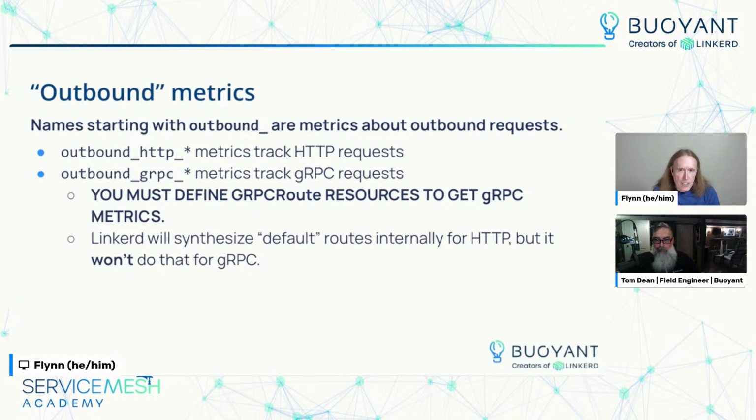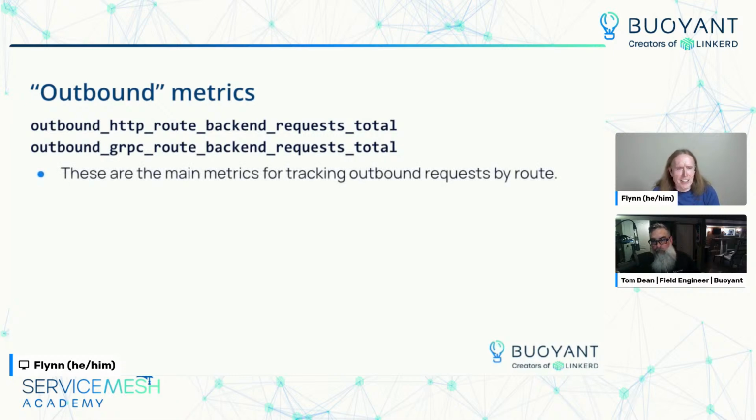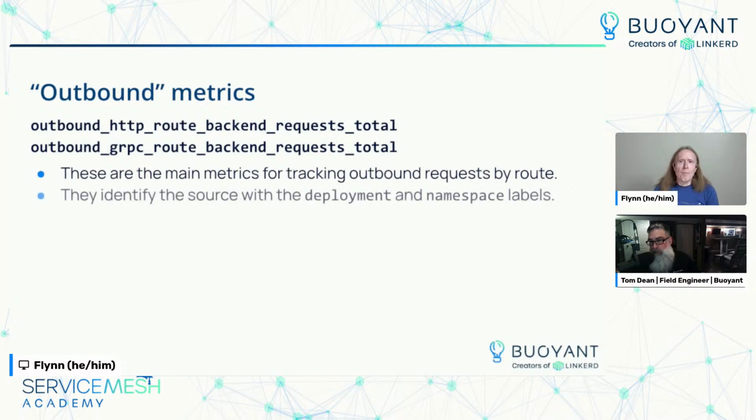Nice. So these are kind of my favorite outbound metrics. There's a weird thing to say in some ways. Basically, they come with a lot of labels, and the labels split up into some interesting groups. We're talking about tracking outbound requests from something to something else.